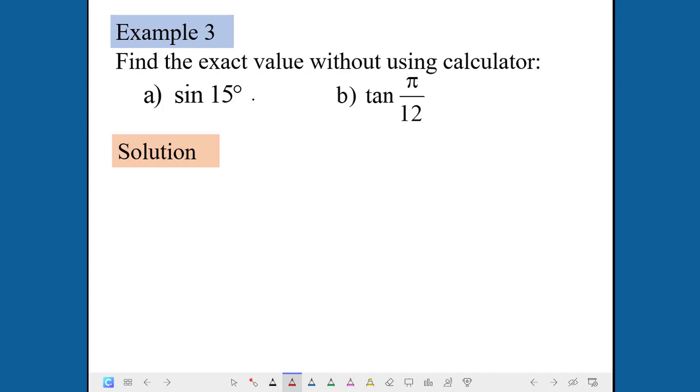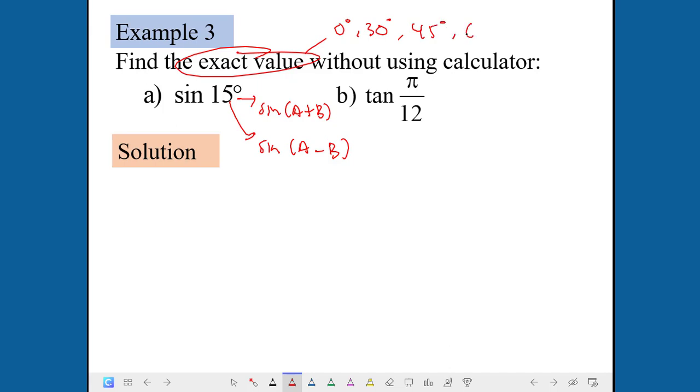The exact value means that you need to take the special angles, like 0, 30, 45, 60 or 90. You just use these angles to find sin 15.